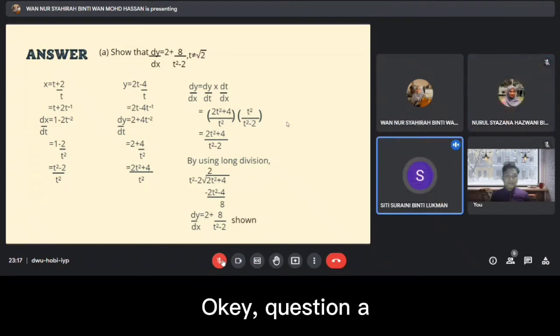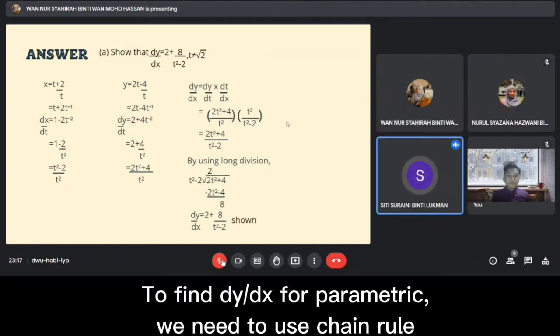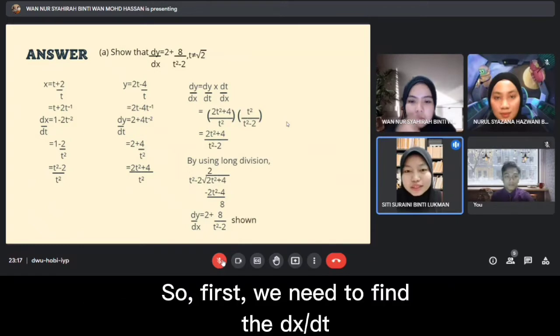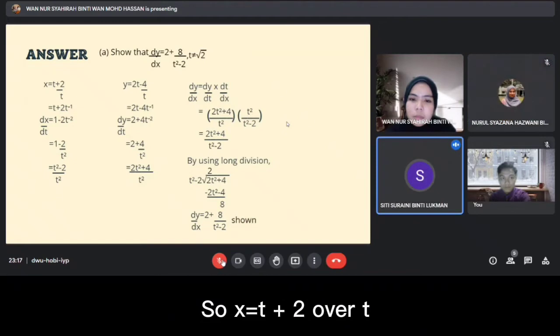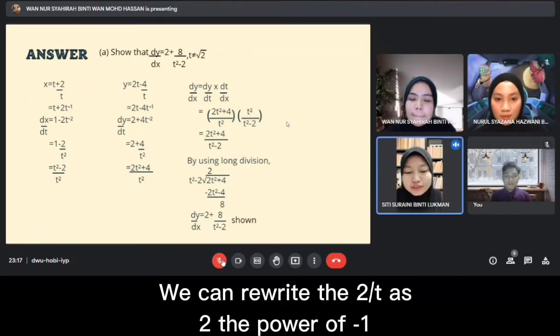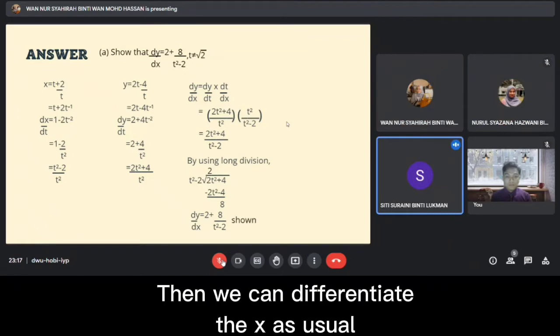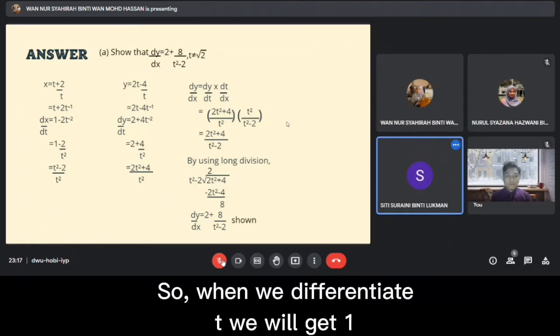Okay, question A. To find dy/dx for parametric equations, we need to use the chain rule, where the formula is dy/dx equals dy/dt multiplied by dt/dx. So first, we need to find dx/dt. x is equal to t plus 2 over t. We can rewrite 2 over t as 2t to the power of negative 1. Then we can differentiate x as usual. When we differentiate t, we get 1.